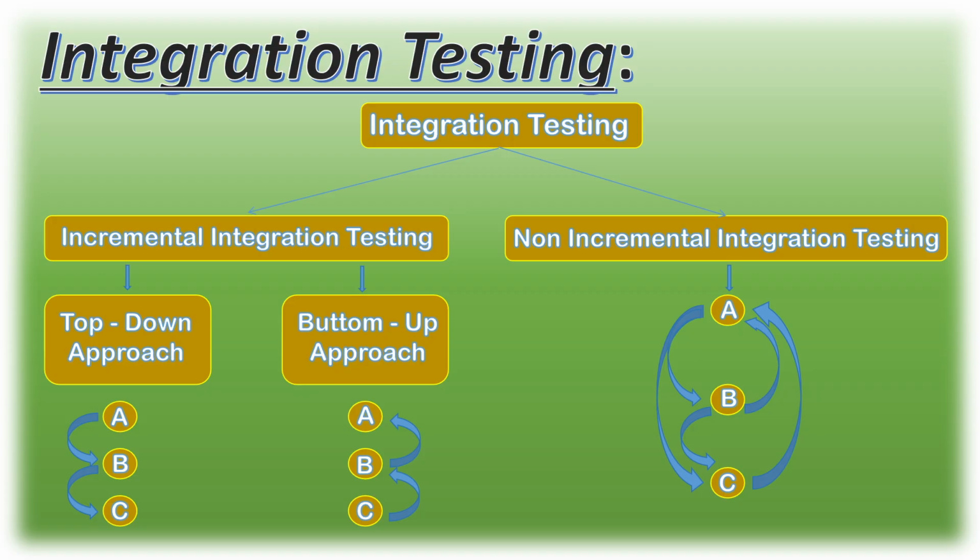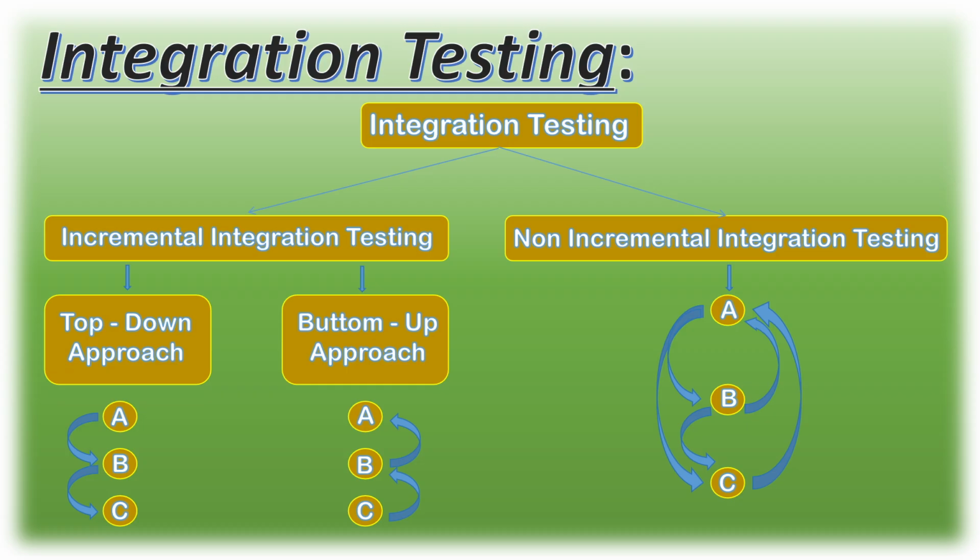And in non-incremental integration testing, you can jump from any module to another module, like the Gmail application, as I have told you. If you are in the compose module, you can directly jump to the sent items, or directly to the inbox, or the trash or drafts, anywhere.